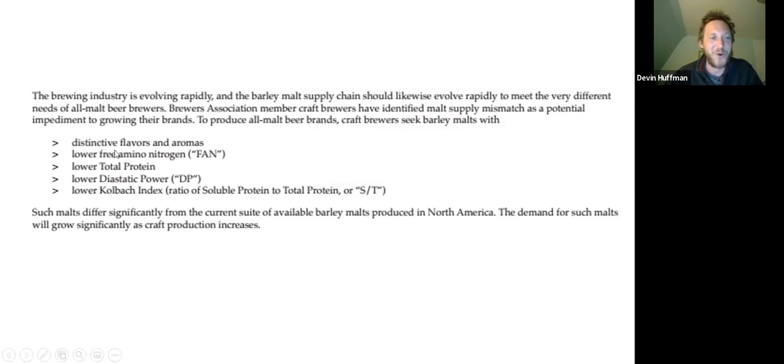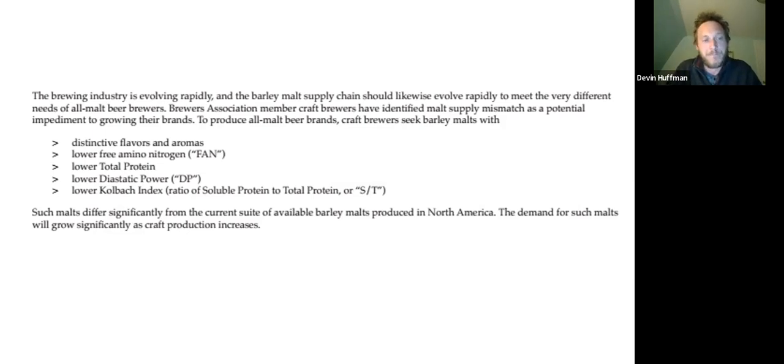in opposition to point one. They've been bred for really high FAN, free amino nitrogen, because when you're using a lot of adjuncts, you need to add additional nutrition to help with the fermentation. Lower total protein is being looked at more favorably.